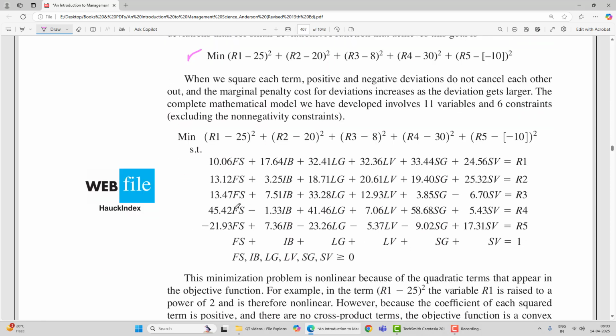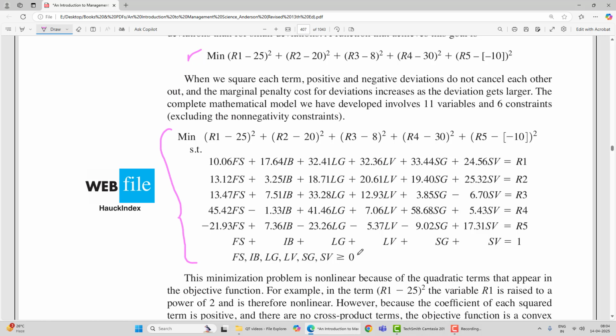So our entire model now will look like this: minimize this addition of the squared differences, subject to all this, where R1, R2, R3, R4, R5 are our returns, and also our FS plus IB and all that together should be equal to 1, because these values are our proportions, so all the proportions together should become 1.